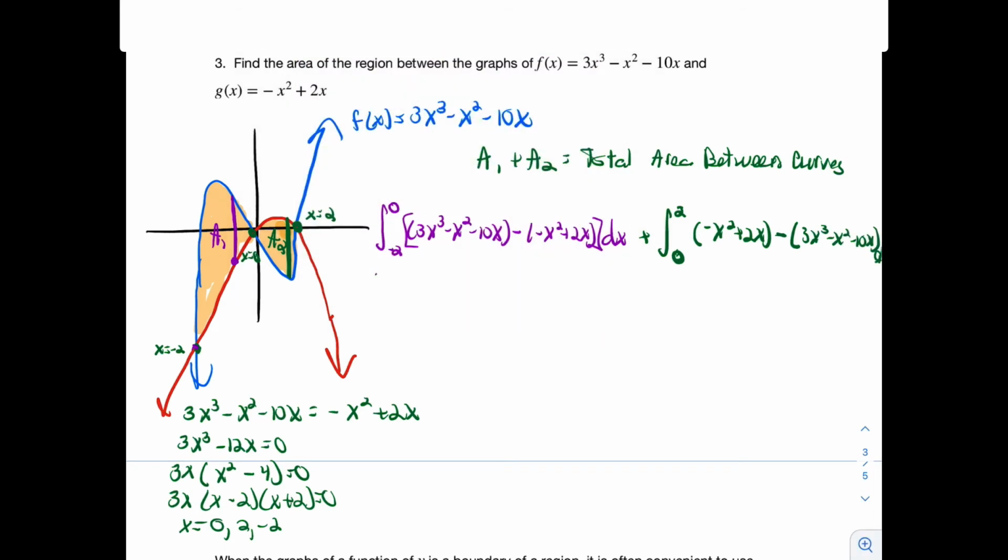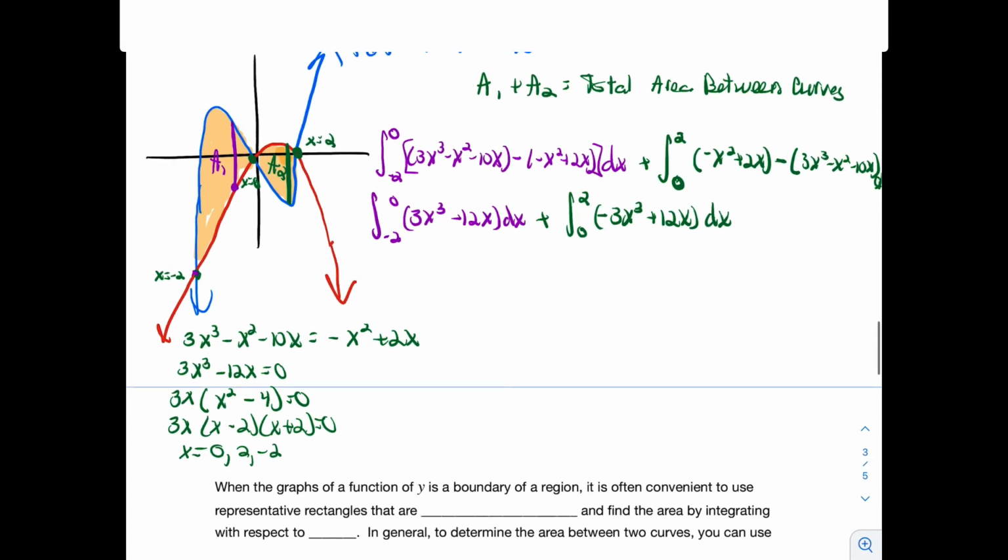So first let's combine like terms and simplify inside the integral. I'll do the same thing for the second area. Simplifying this, I get negative 3x cubed plus 12x dx. Now we're ready to integrate each side.